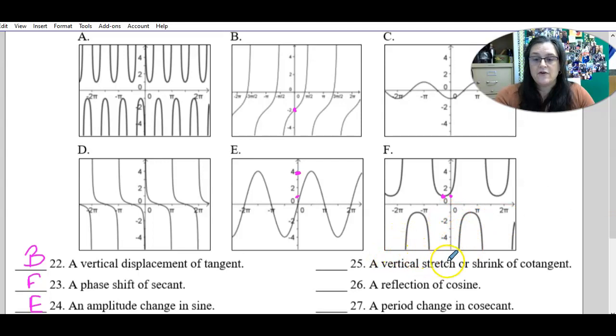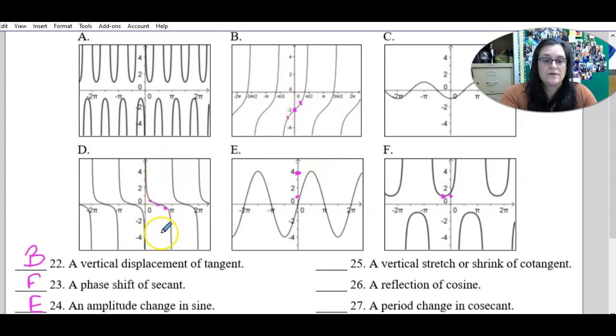25 is looking for a vertical stretch or shrink of the cotangent function. Cotangent is decreasing wiggles. So in D, we see the decreasing wiggles. And notice that they're wider here in the middle than the tangent wiggles, which did not have any vertical stretch or shrink.